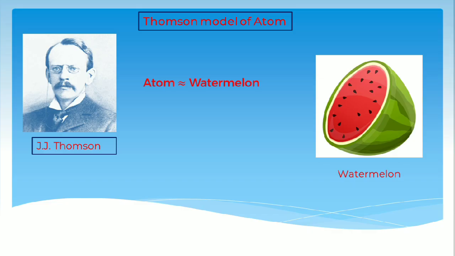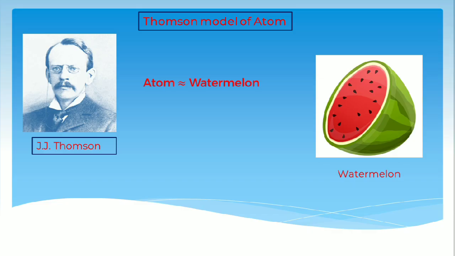A scientific model is simply an explanation of how something works based on available evidence. Two important models before the modern atomic theory were the Thomson atomic model and the Rutherford atomic model. Now let us see how these models were developed. First we'll discuss the Thomson atomic model.